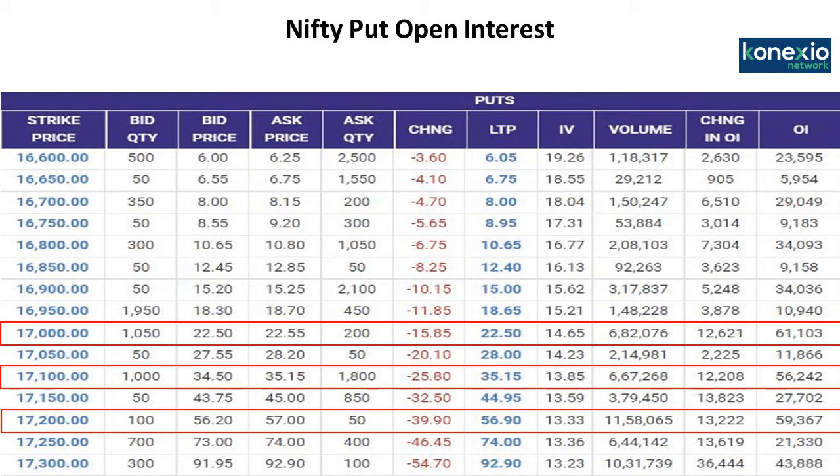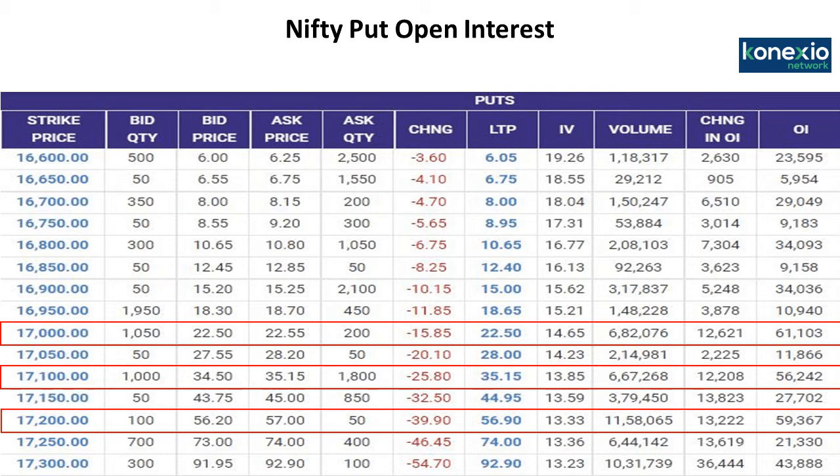Here we can clearly see that there has been a drop in the options premium. There has been a rise in the open interest, and IVs are also on the higher side. So we might see 17,000 act as a strong support area on the downside.